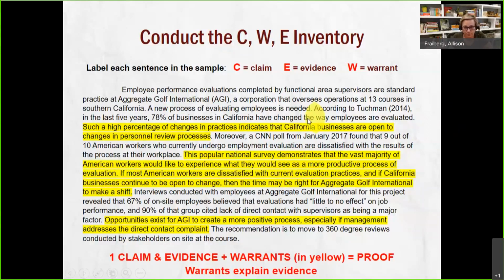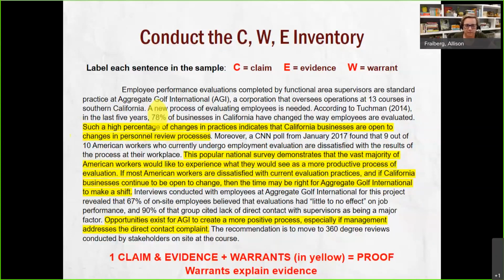So this is according to Tuckman. 78% of businesses have changed the way employees are evaluated in the last 5 years. So what did I write? Such a high percentage of changes in practices indicates that California businesses are open to changes in personnel review processes. So this is talking about this 78%. Hey, 78% is a high number.